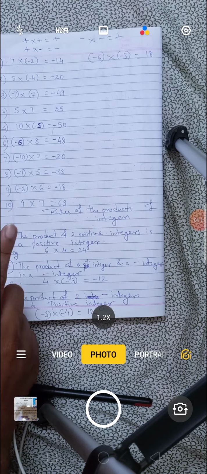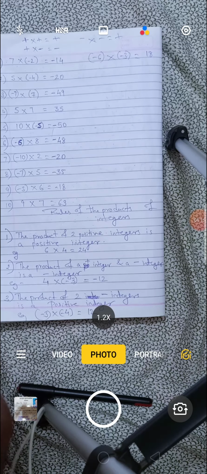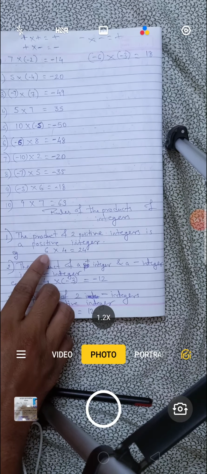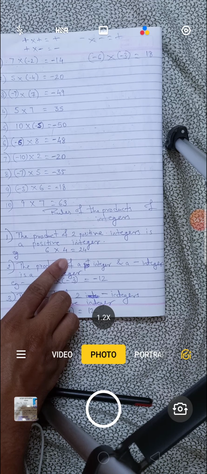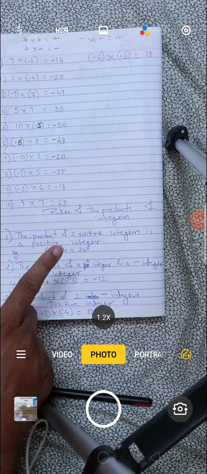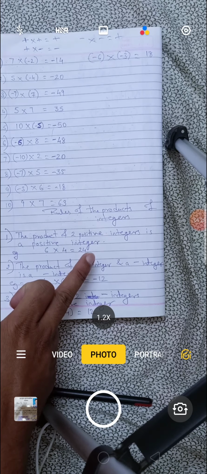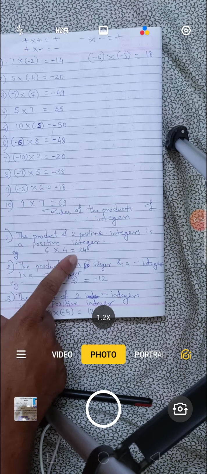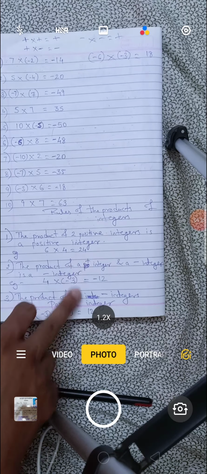First rule, the product of two positive integers is a positive integer. Means these two are positive integers. 6 and 4 are positive integers, correct? Product means multiplication. 6 4s are 24. Got it? So both positive integers, the answer is positive 24.